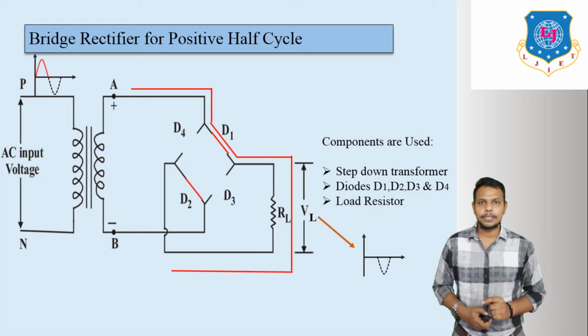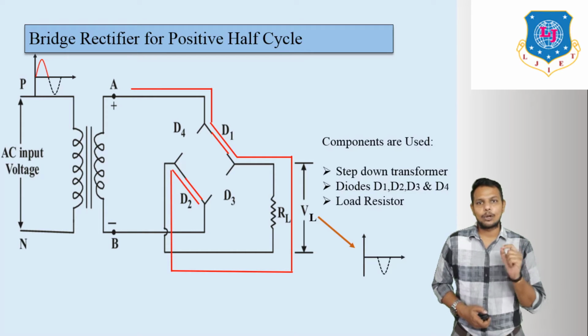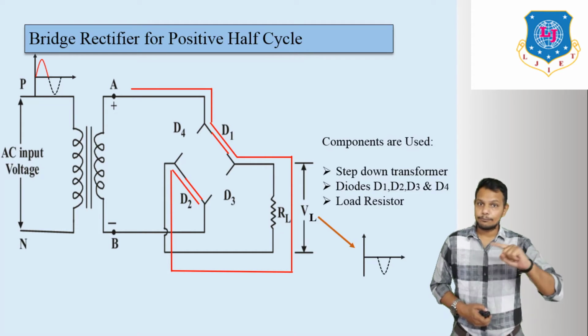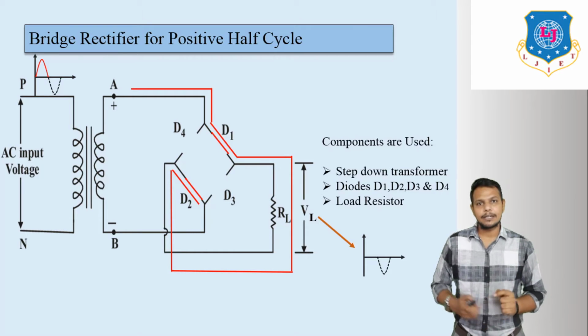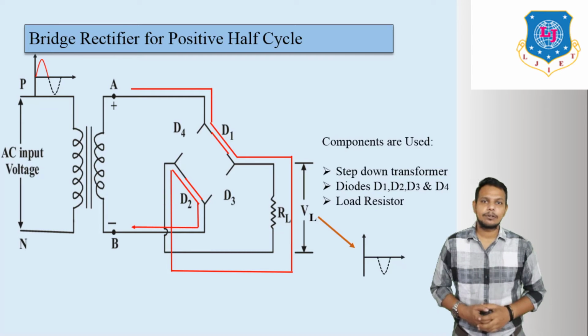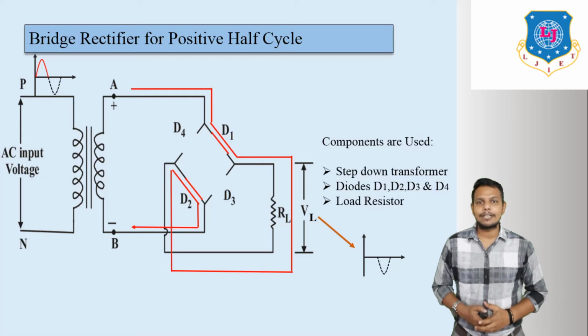Now it goes through this terminal, and we can see it passing through the diode D2 in the direction of flow of current. So D2 works in forward bias and goes through this negative polarity. Basically here current flows from positive to negative. At this time we have to measure the voltage across the load resistance. And what will we get?